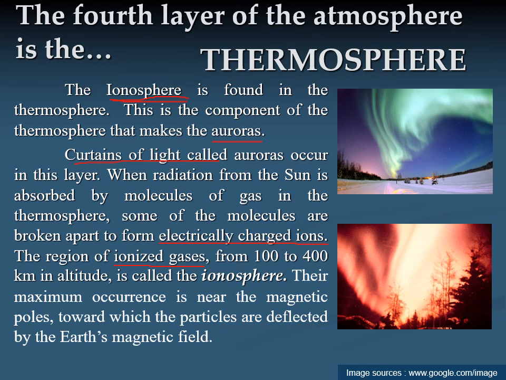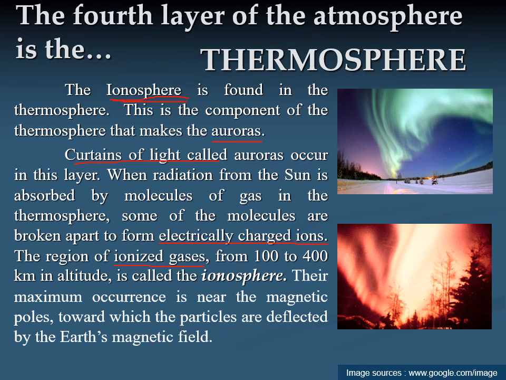Because of this, although the electrically charged ions occur all through the ionosphere in all places, because of the deflection of these charged ions towards the polar region, we can only see auroras in the polar regions.